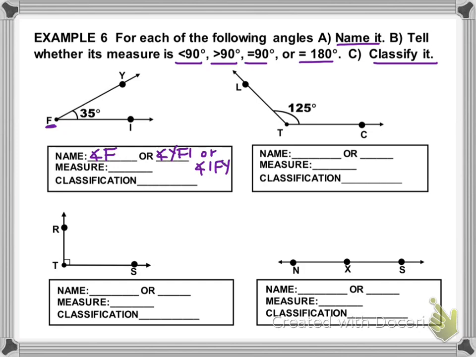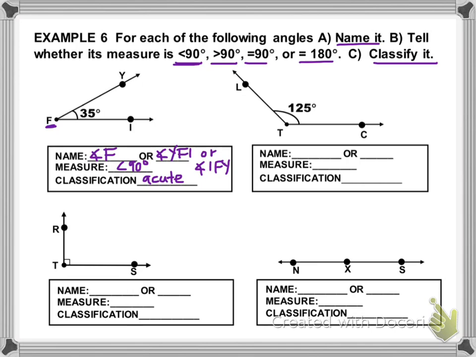Its measure is less than 90. 35 is less, oops, see, I put a line through my less, less than 90 degrees. And because it's less than 90 degrees, we're going to say that it's acute. And so some people think that, you know, if it's less than 90, it's little, it's cute, so you can call it acute.